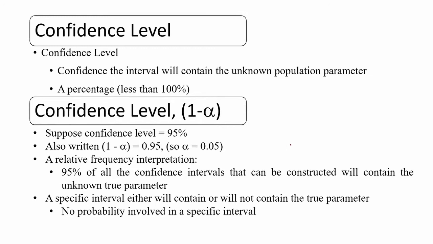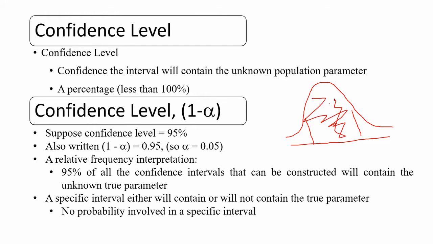So if I draw the standard normal distribution, say I draw the Z distribution, right? And I'm told that 1 minus alpha is 0.95. So that would be this area. This area is 0.95 or 1 minus alpha.